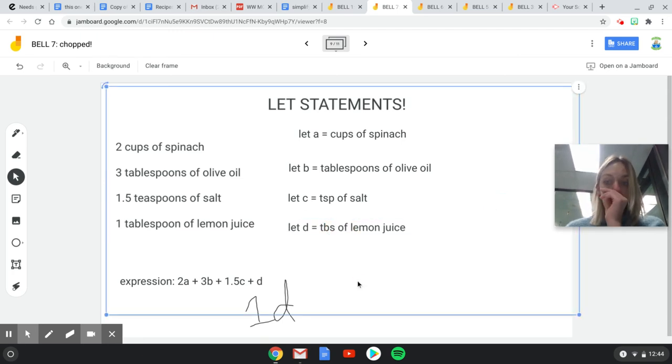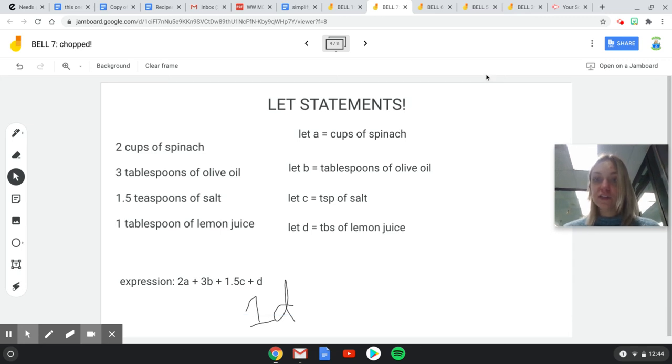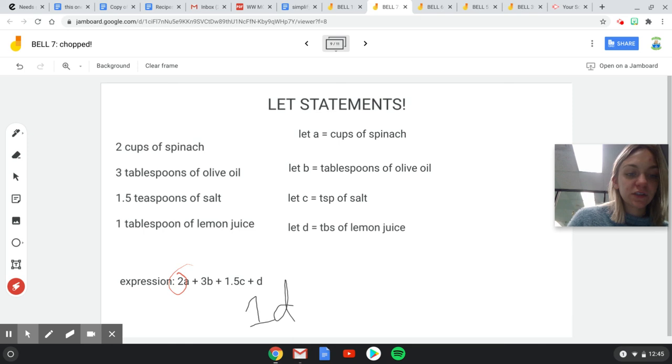Okay, so that's exactly what you're going to do with your working recipe. You're going to pull your working recipe up, so pause the video and do that right now if you don't have it up. And you're going to match your expression terms. An example of a term is 2a, 3b, 1.5c.